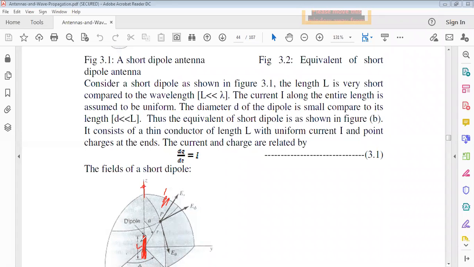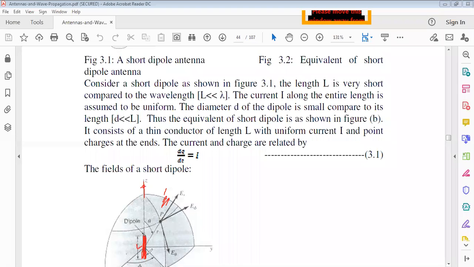But how does the current pass through this dipole? The dipole is a piece of conducting wire. It contains a number of electrons. That piece of wire is excited with a source.